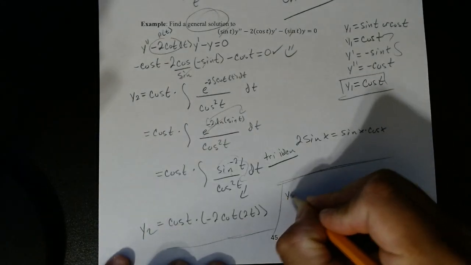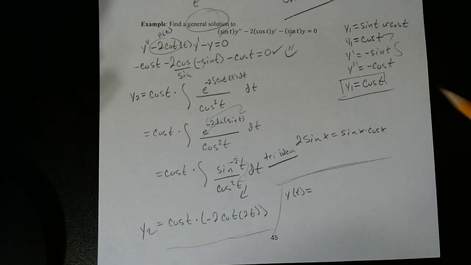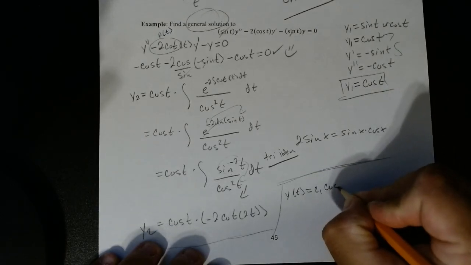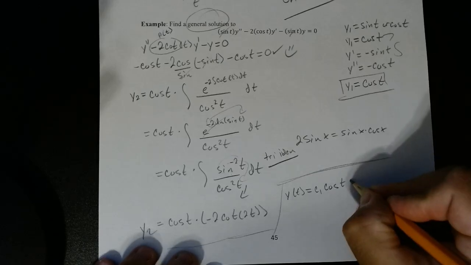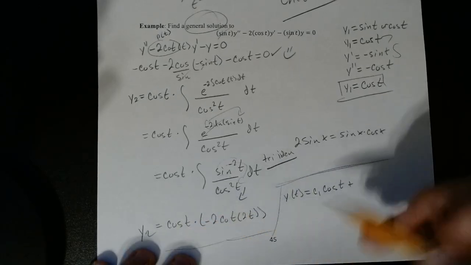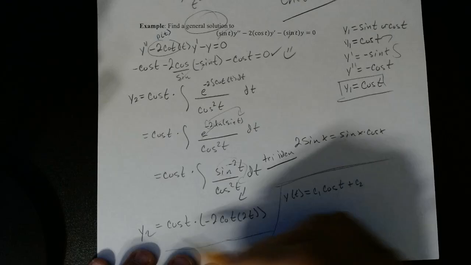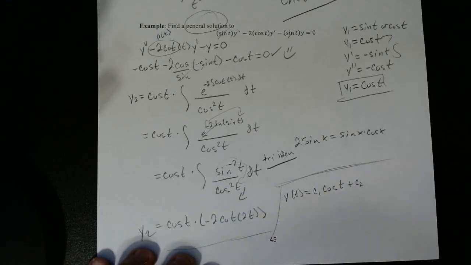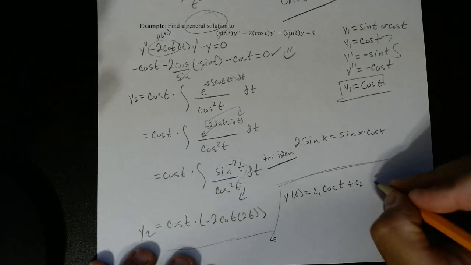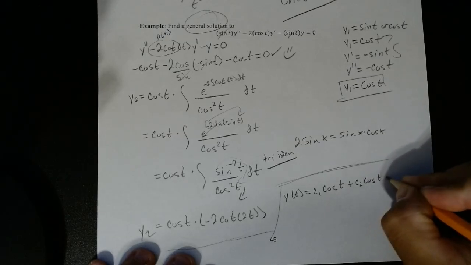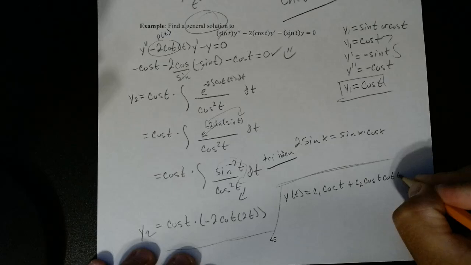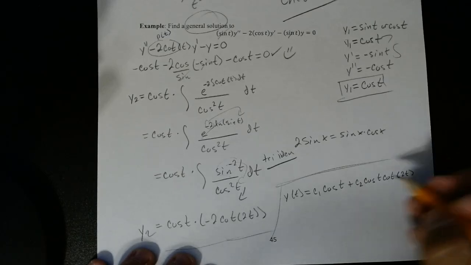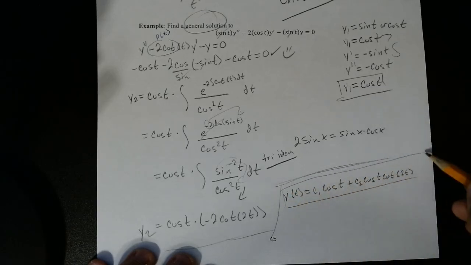So our general solution will be the first part we got, c1 cosine of t, plus the other one we got, c2, and I'm just going to put this together. The nice thing is the c2 and the negative 2 just get engulfed. It just goes away. And there we go.